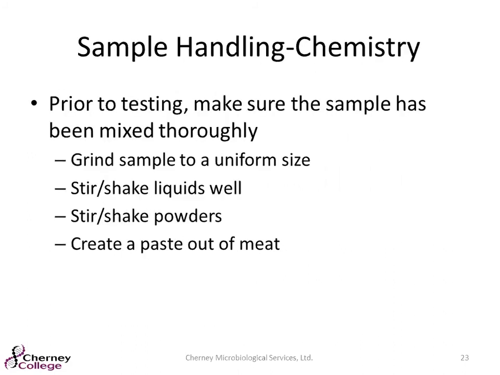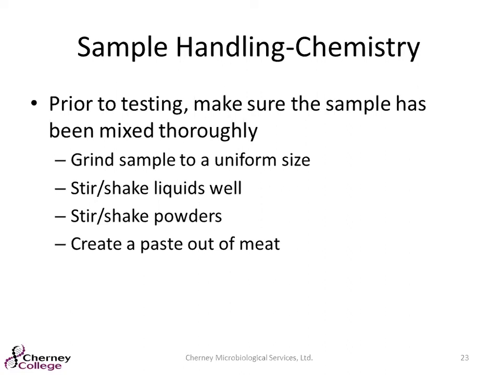So for chemistry, prior to testing, make sure the sample has been mixed thoroughly. If you're grinding your sample, you want it uniform in size. You want to make sure, though, that you are not grinding that sample for more than about 15 seconds, because the heat of that grinder can separate the fat out of the product. So kind of pulsing it and getting it to that uniform size. Really stir and shake liquids well.